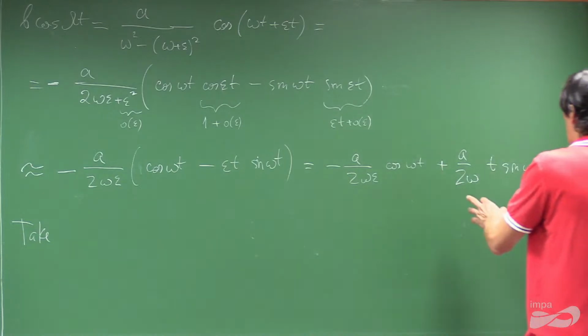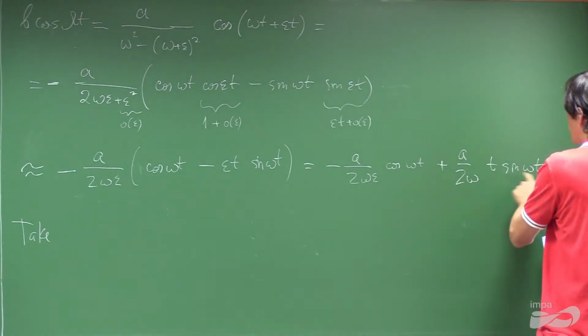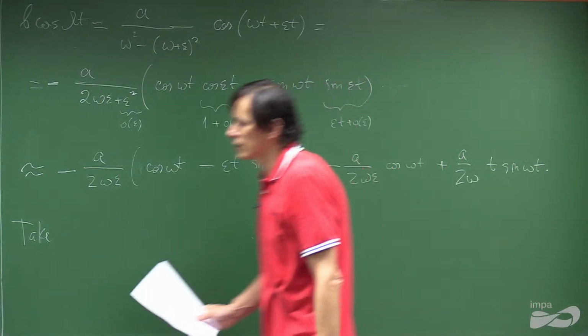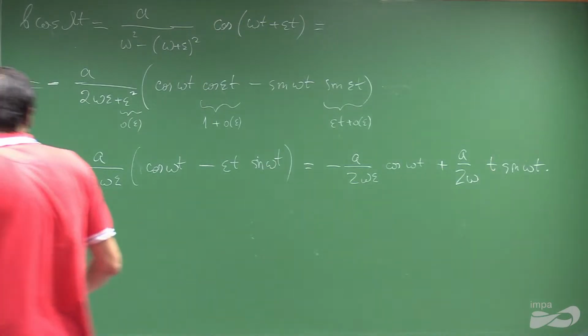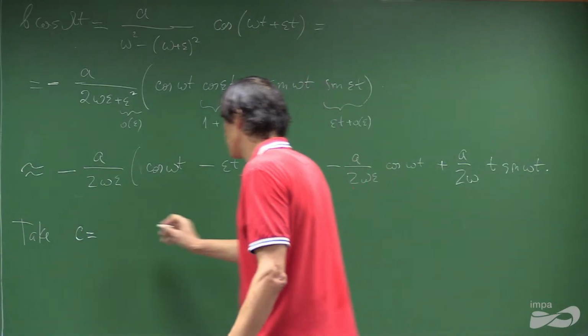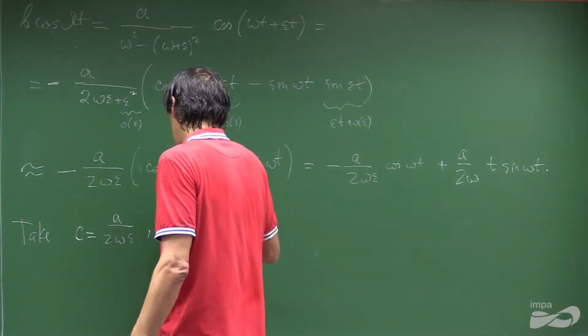So you see this part already is 0 at the beginning, and its derivative is also 0. And this part has the same shape as the autonomous solution. So we can take C to be just this A over 2 omega epsilon and phi equal to 0.